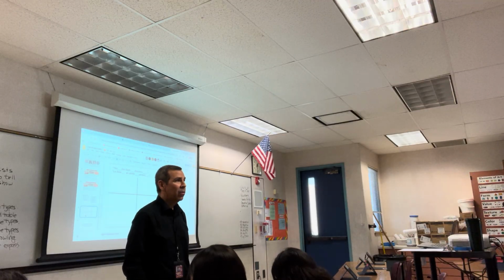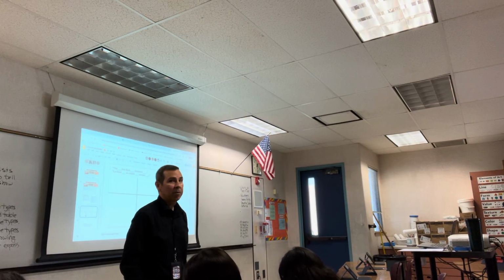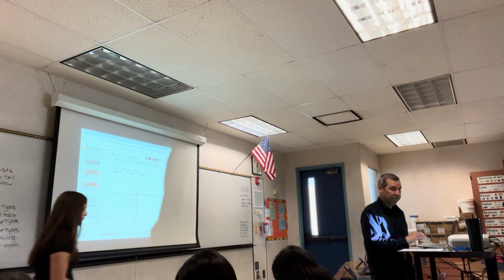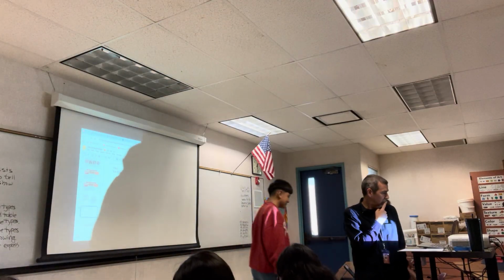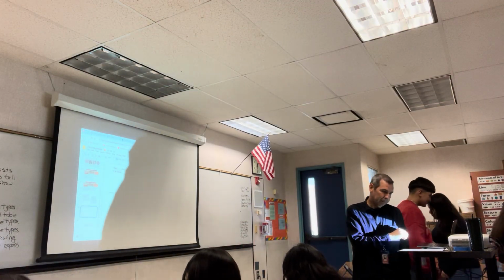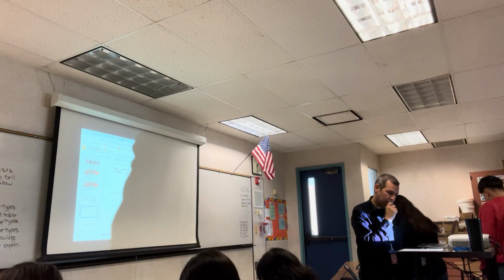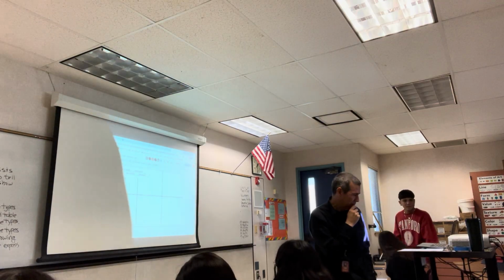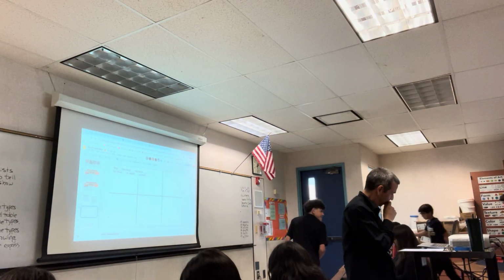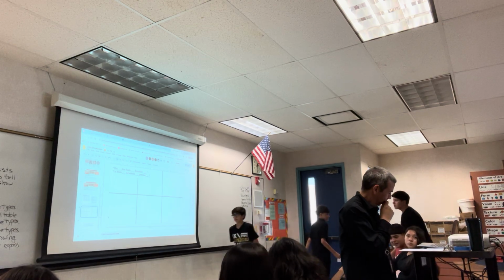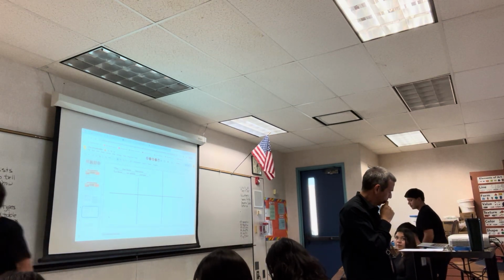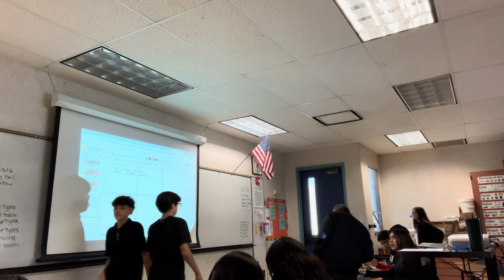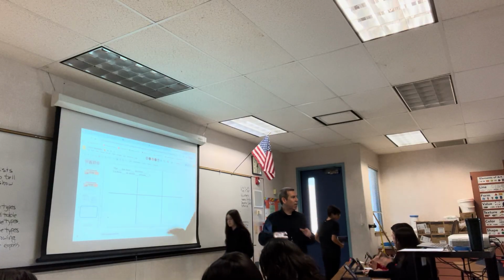You need 3 lines. You should start on that right now. 1 horizontal, 2 vertical lines. You're making 6 boxes. Write your name on the same side as this.